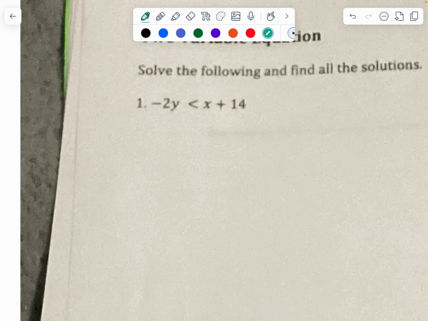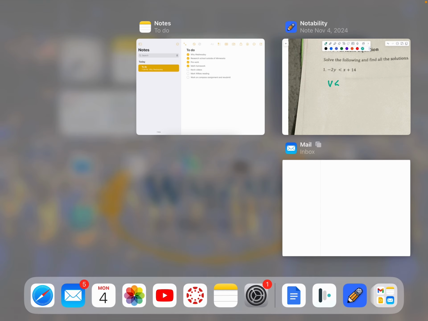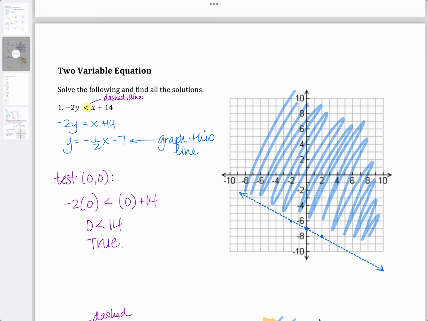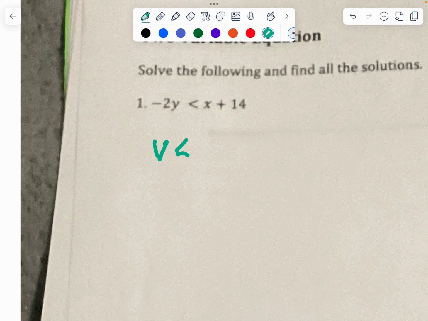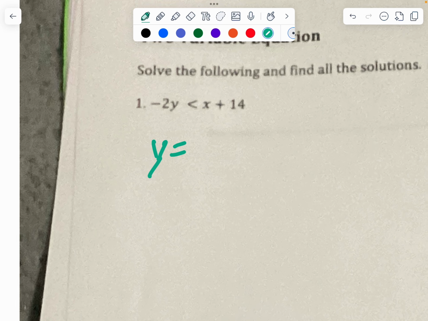Divide by negative 2, so y is equal to x divided by negative 2 minus 7.